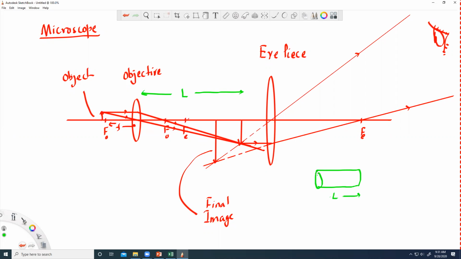So the lens would be somewhere here, and the image is formed somewhere here for the objective. This distance is the tube length.